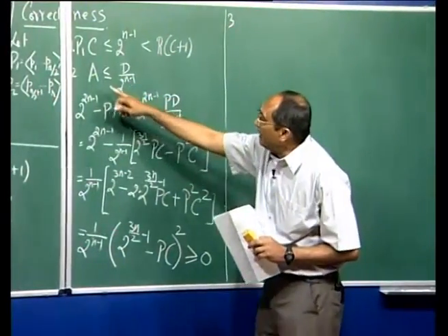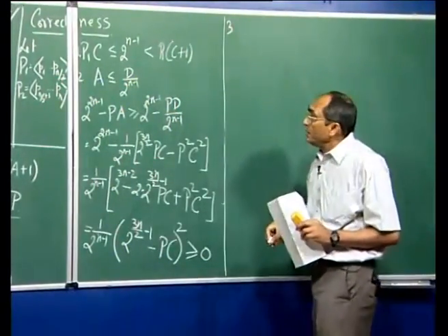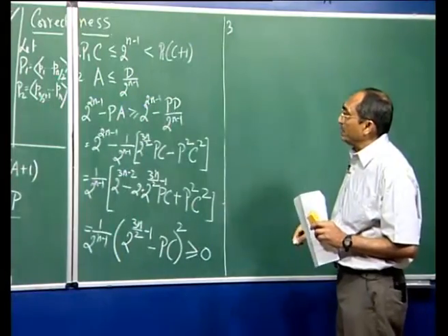Next we are going to show this side of the inequality, and for that I am going to use the fact that A was actually the floor of d over 2 power n minus 1.